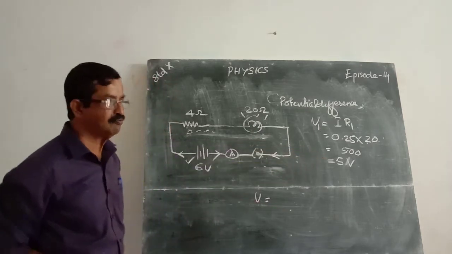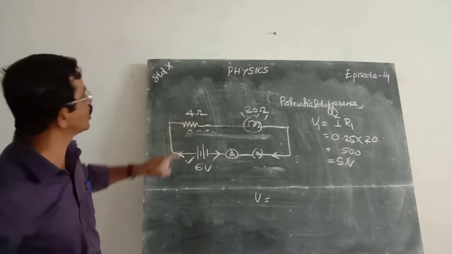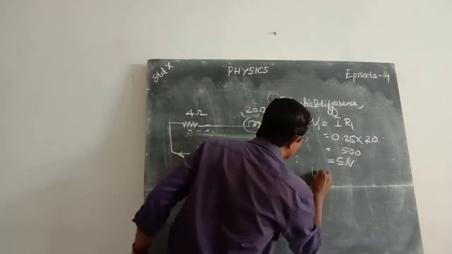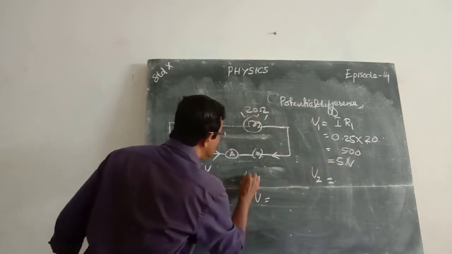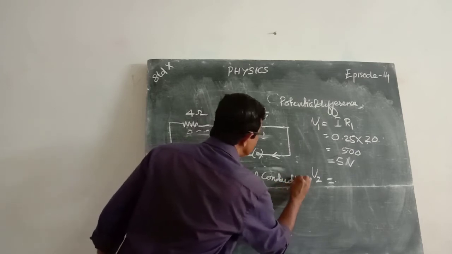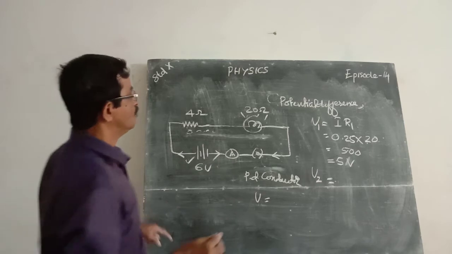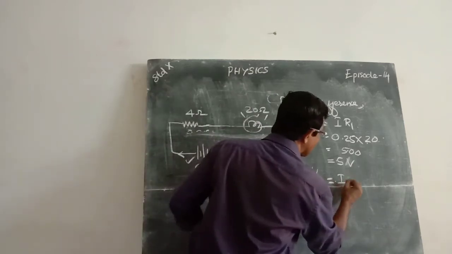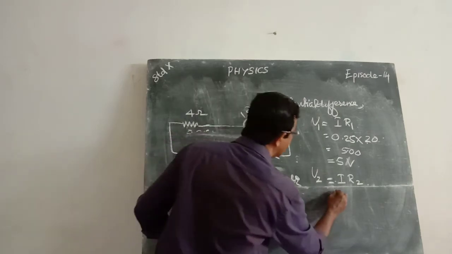Now what do we want to find out again? The potential difference across the conductor. Here we can take the potential difference as V2. The potential difference across the conductor, V2, is equal to I R2, the current being the same.